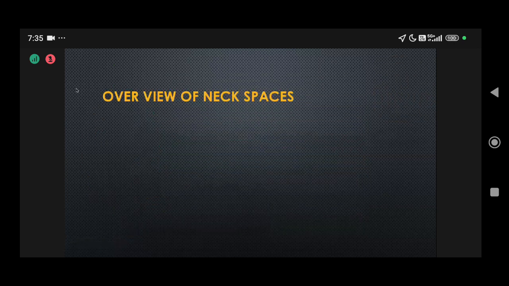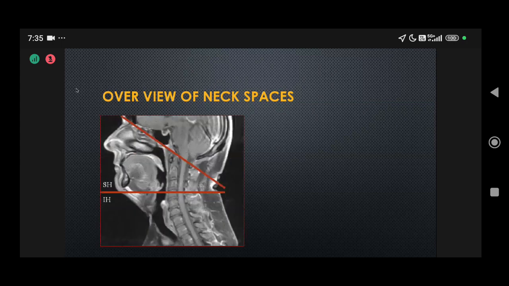So briefly we'll see the overview of the neck space. Now for extracranial head and neck space, the most important landmark is the hyoid bone. So the part of the neck which is above the hyoid bone and below the skull base becomes your suprahyoid neck spaces, while the part of the neck which is below this hyoid bone becomes your infrahyoid neck space.